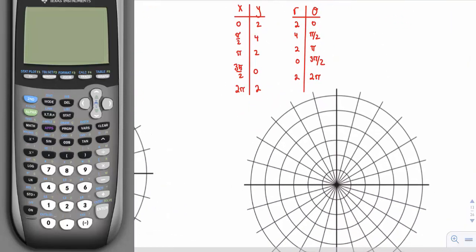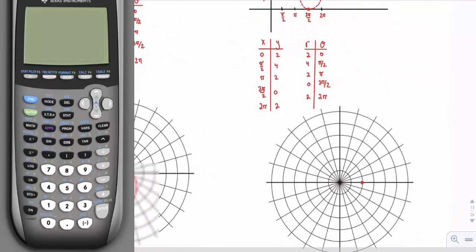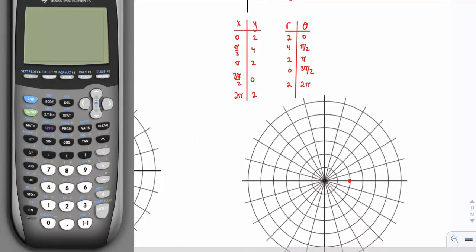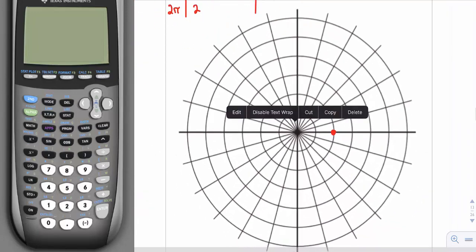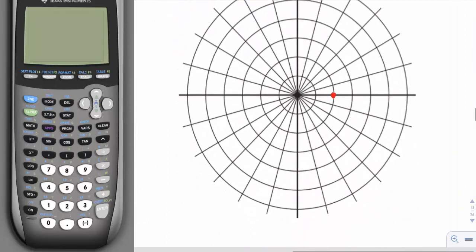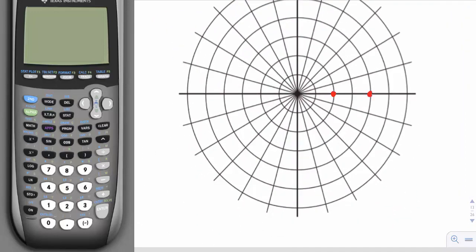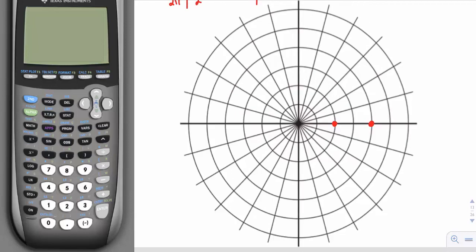The first point is going to be 2, 0. So we're going to start right there at 2, 0. And the next point is at 4, pi over 2. So I'm going to plot that one, 1, 2, 3, 4, and then I'm going to go pi over 2, which is 90 degrees in a counterclockwise direction. Puts me right there.